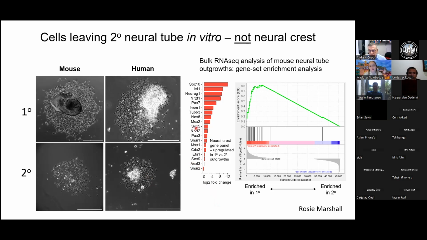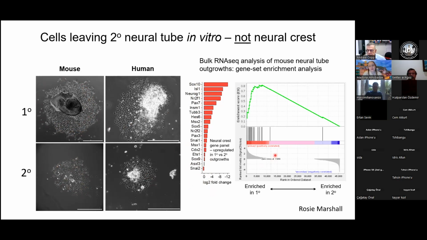These are all genes that are particularly expressed in the neural crest. So we've seen SOX10 already in my previous slide. And what we find is that these genes are expressed specifically in these cells coming out of the primary neural tube, compared with the secondary outgrowths. So this is a differential expression.